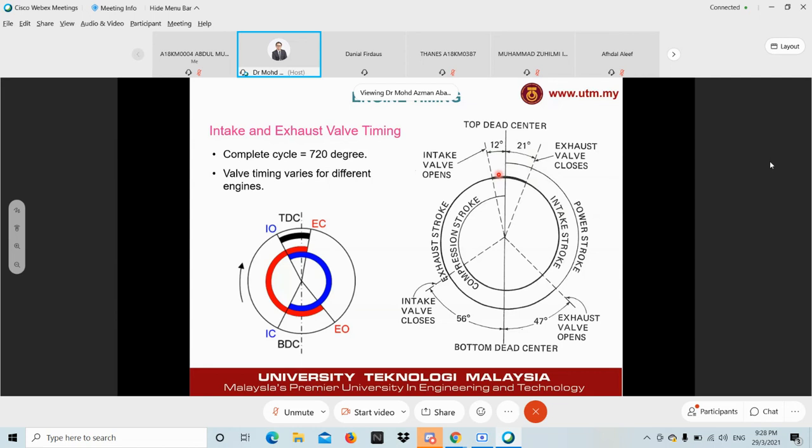But we don't want that in normal engines or passenger cars because the wear and tear is very high. So the timing diagram that I show over here is a simplified version. In a very advanced timing diagram, you have the maximum opening point of the valves and so forth.